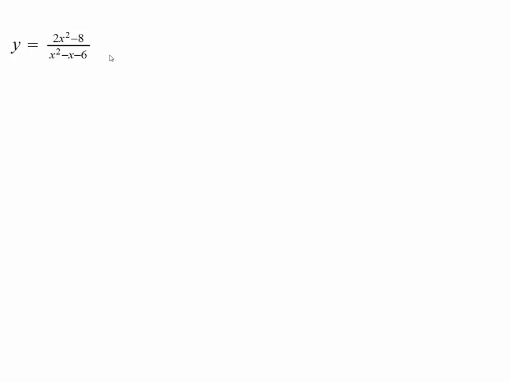Now again, if we have a rational function like the one here, we factor the numerator and the denominator. First, I'm factoring a 2 out, and in this case -3 times 2 is -6, and they add up to -1, so they will be factors.